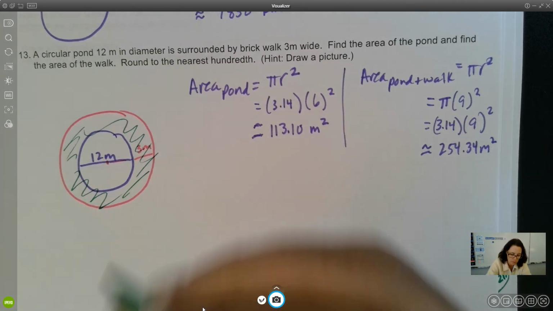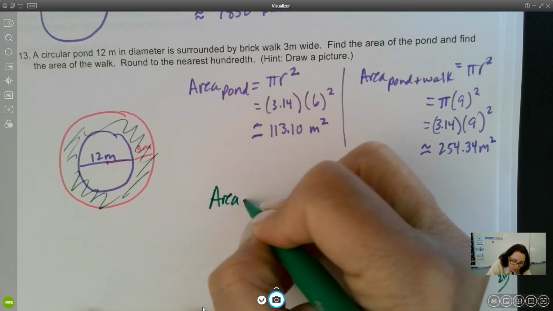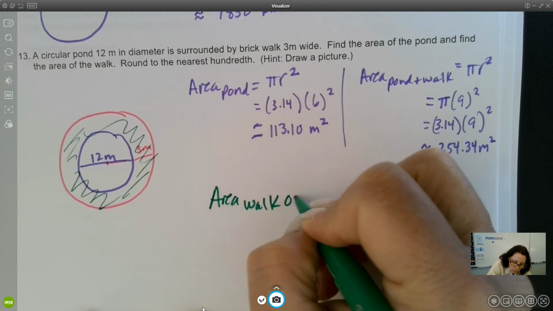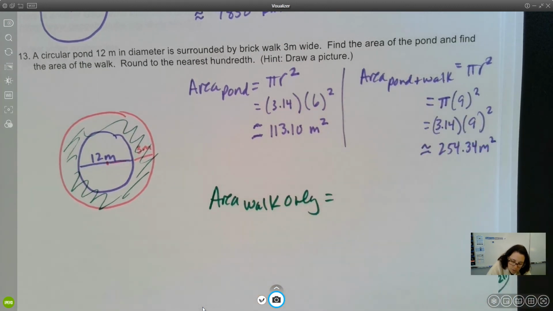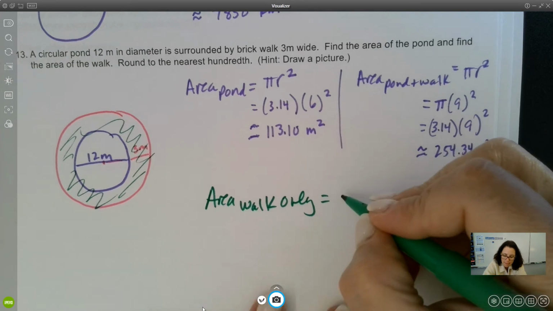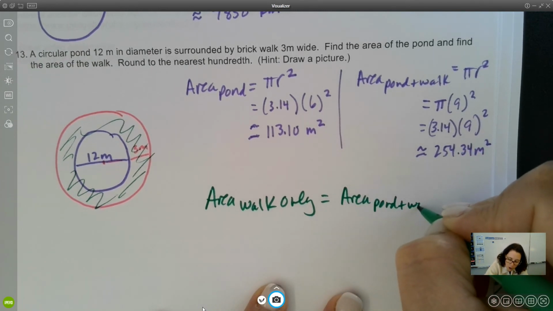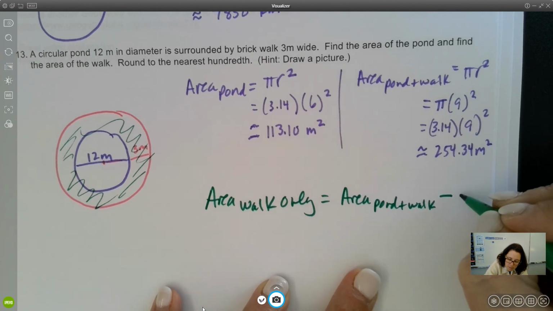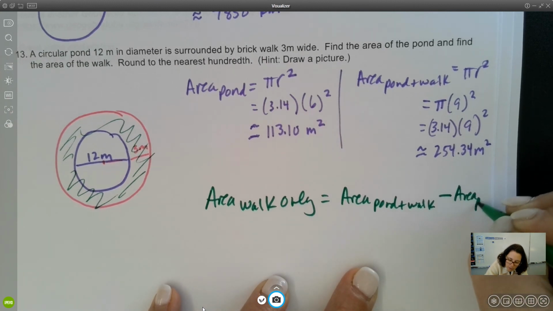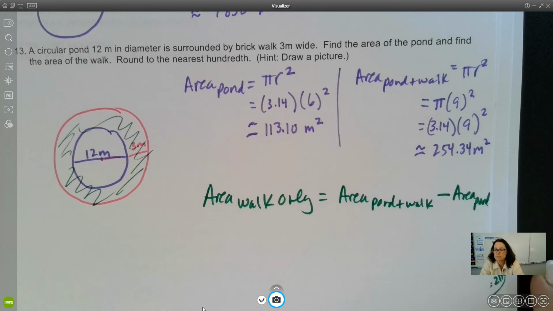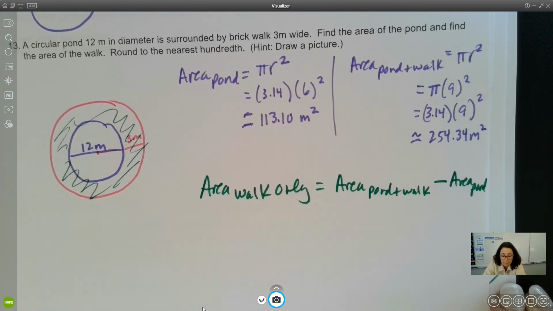So we're going to do area of the walk only is area of the pond plus walk minus area of the pond. That's the formula.